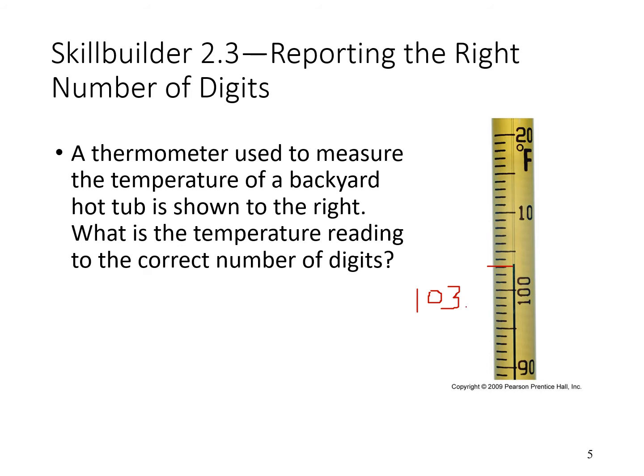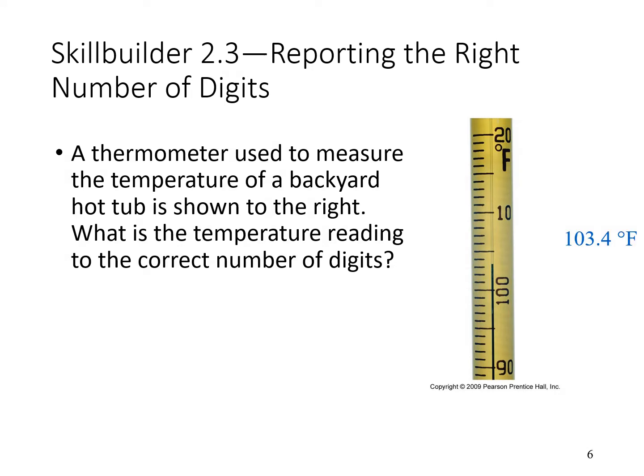So you first write your certain digits followed by an uncertain digit. So what is my uncertain digit here? I'll write that uncertain digit. Maybe this is like 103.2 degrees Fahrenheit. Okay, so that is your uncertain digit, and this is the right number of digits that this particular device can give you. Let's say on this scale, someone is reading 103.4 and I came up with 103.2, so that is okay.